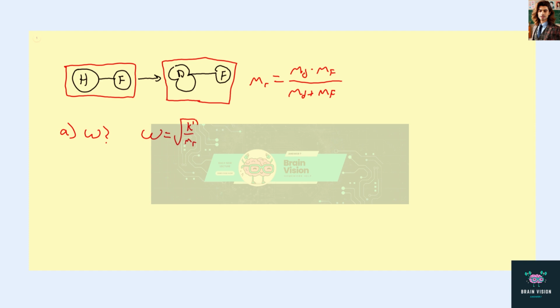So if our force constant is going to stay the same throughout, then what we need to do is go up to the problem before, earlier in the book, and figure out what this force constant is.